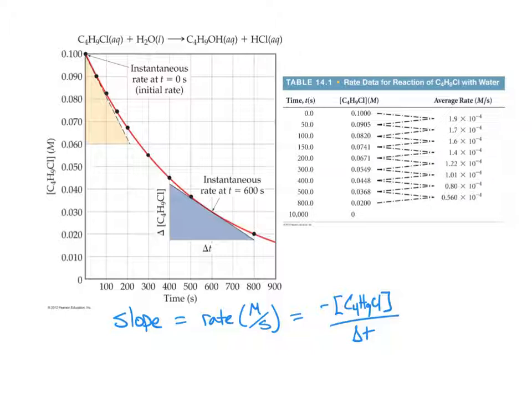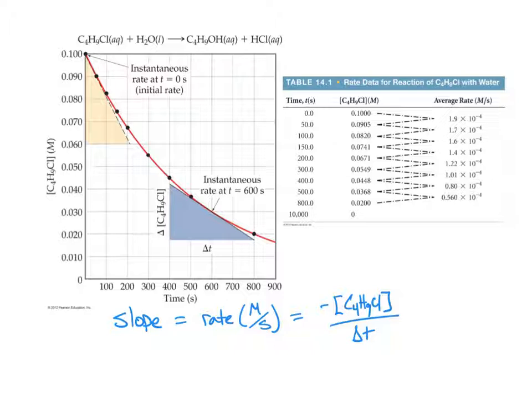Now I'm going to lean on you calculus folks again, but basically what you're looking at is a derivative. A derivative is defined as a tangent line to a slope. So if you knew the equation of this decay, you could figure out its derivative. You could determine the slope of the line and thus the rate. But in order to do that, you need an equation of the line, and we don't have that.